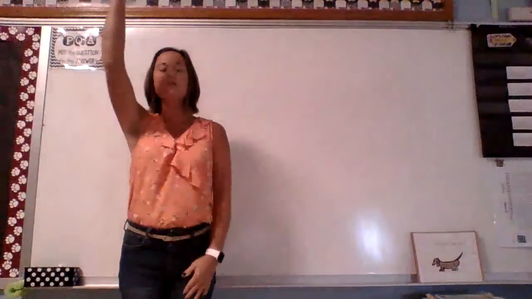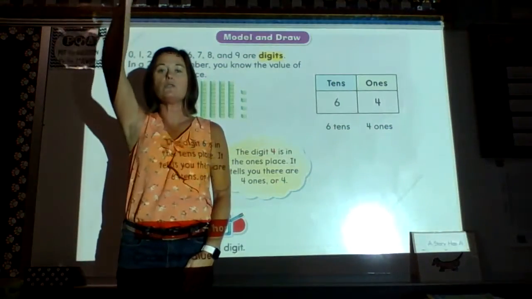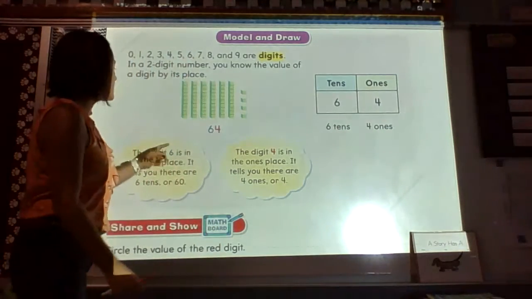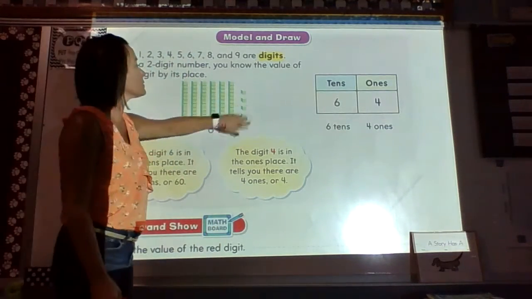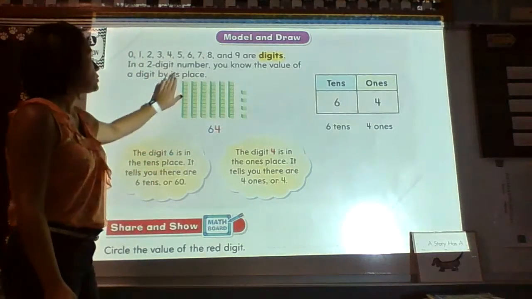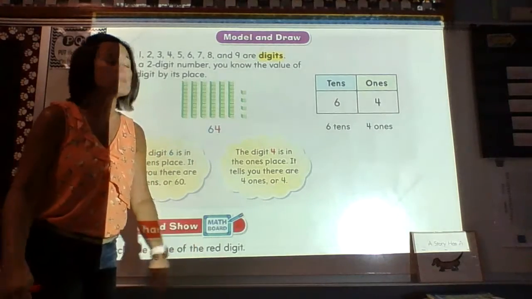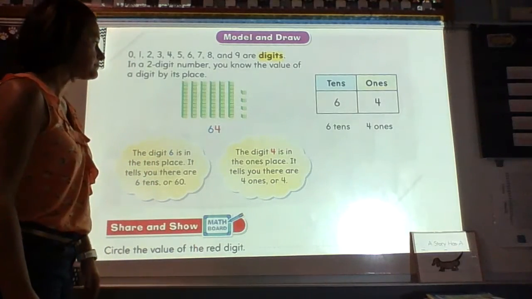When you get 10 singles, you turn it into a rod, and then you would be able to count by 10. So that's what they've done.